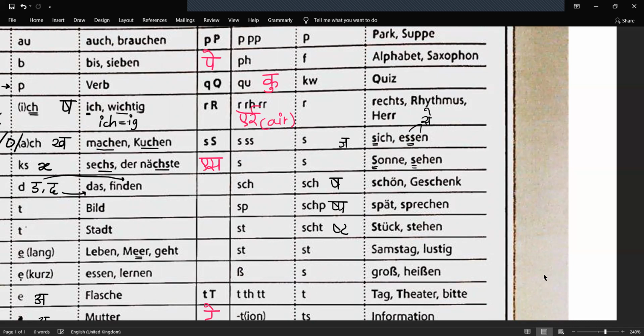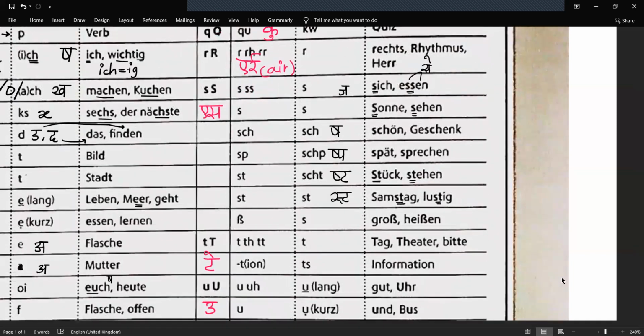One is sht and the other is st. If ST is in the beginning of a word, it's going to be sht. So Stuhl, stehen. But if it's in the middle, then it's Samstag, lustig. Again with the IG, lustig. And S has the complete S sound, groß, heißen.